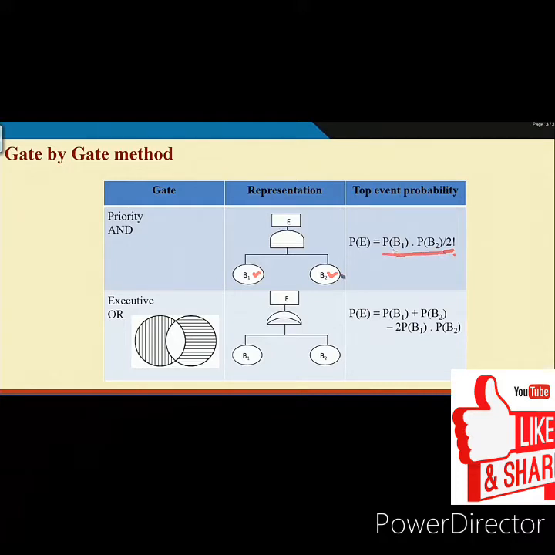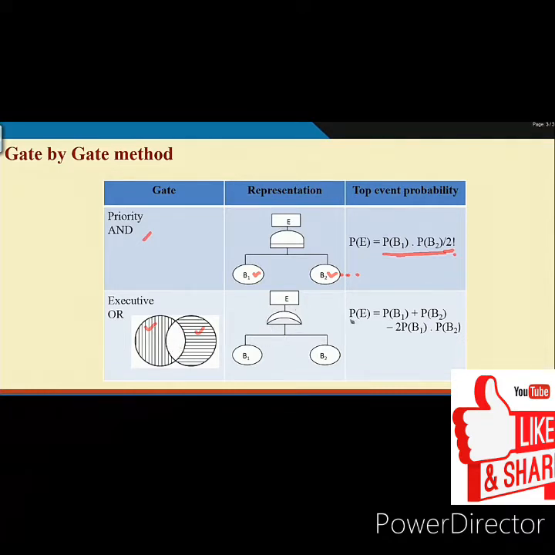Now, what will happen if you have more inputs? P(B1) into P(B2) into P(B3) like this into P(Bk) divided by factorial k, because this order is very important. So, this is the priority AND gate. Similarly, the exclusive OR gate. Exclusive OR gate means either this occurs, but not both. This is the symbol.